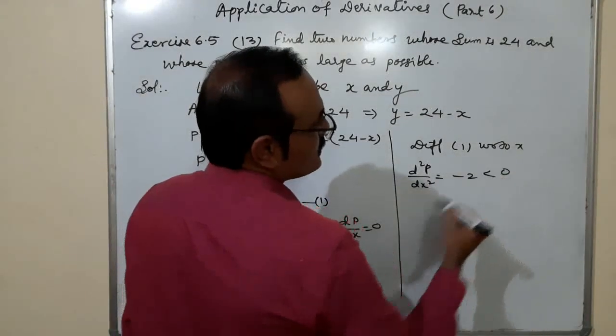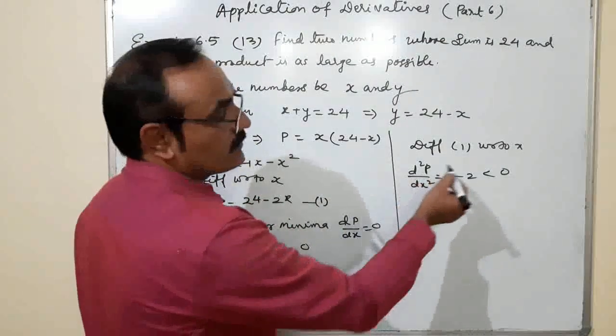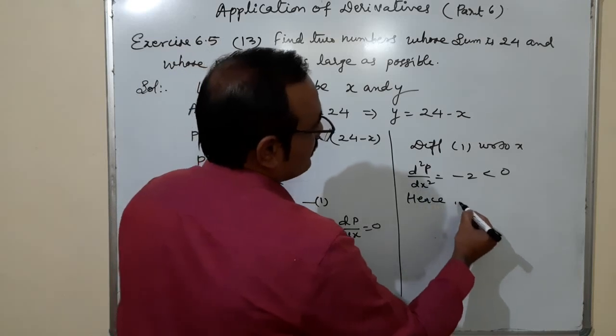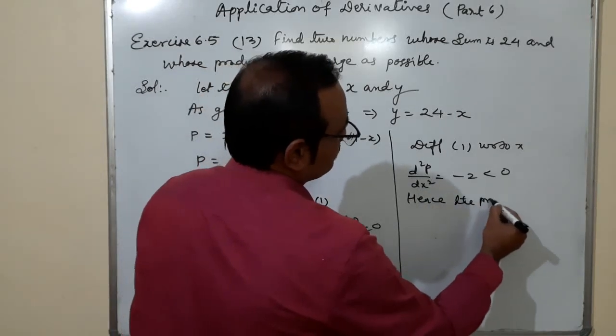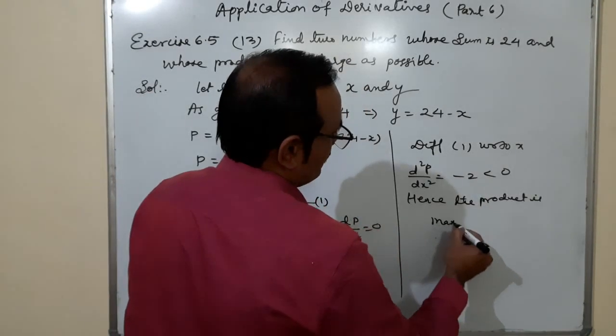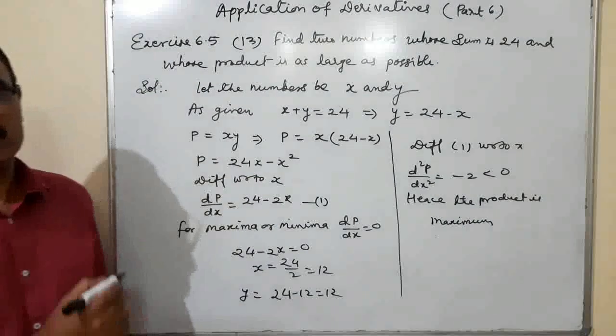And minus 2 is less than 0. And the second derivative minus sign shows that it is maximum. Hence the product is maximum.